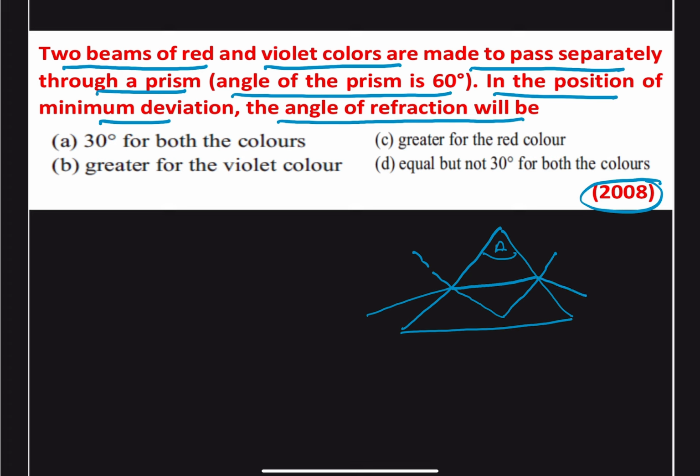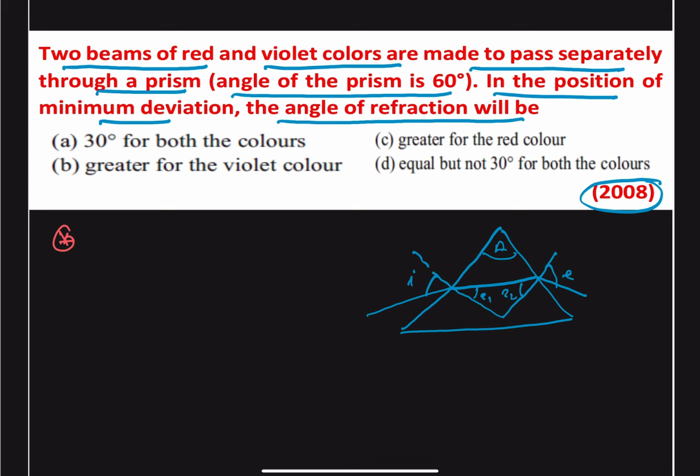So we have this as angle of incidence, angle of refraction R1, this is angle of incidence on the other face, that is R2, and this will be the angle of emergence E. And we already know the relationship between this R1, R2 and angle A.